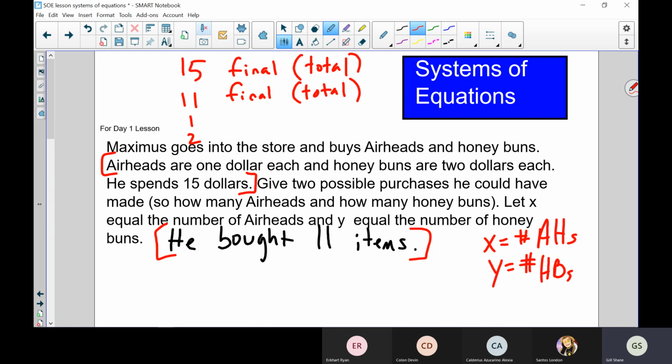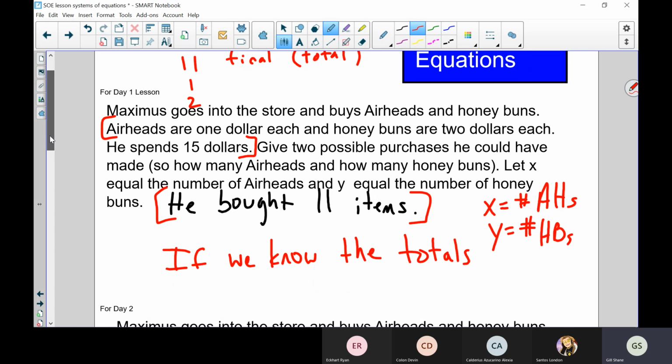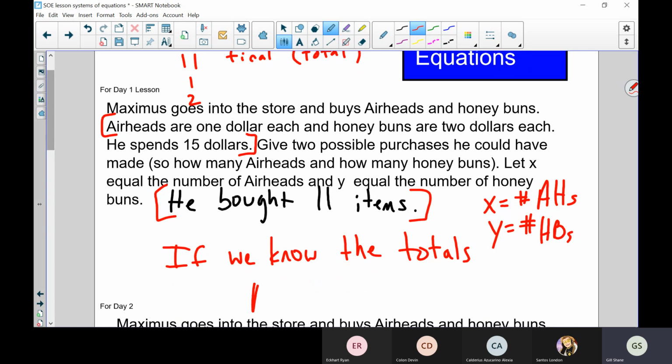so I'll write it down here. I'll scroll up in a second. I'm writing it more for the people online, really. There. If you know the totals, then that's the format you're going to use, most likely.